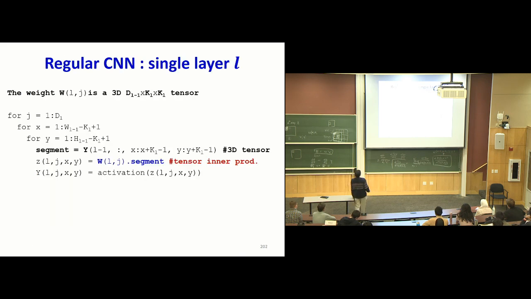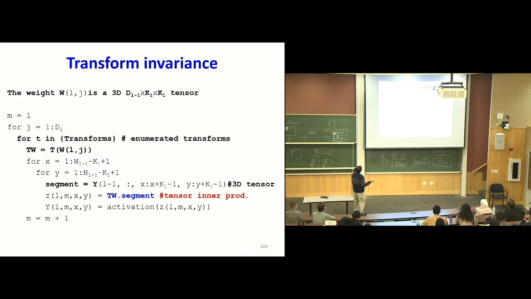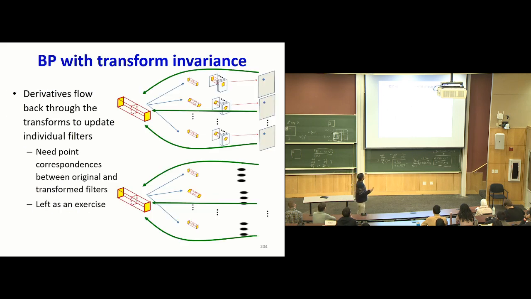So this is the regular CNN. This is the transform invariance. You're just scanning over all of the transforms, computing the transformed filter and scanning with the transformed filter. The derivatives have to go back to this filter through all of the transformed variants.